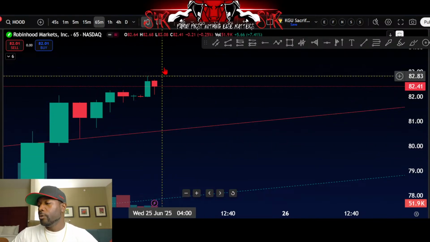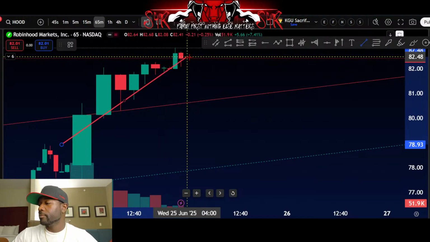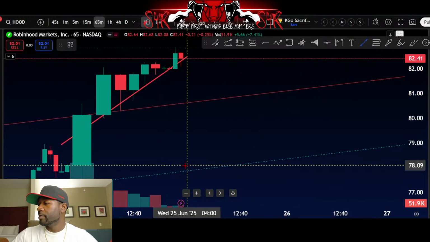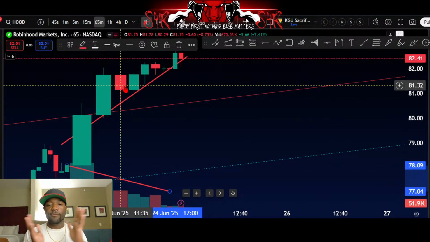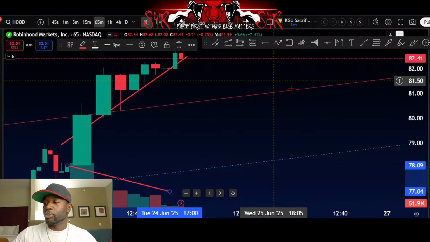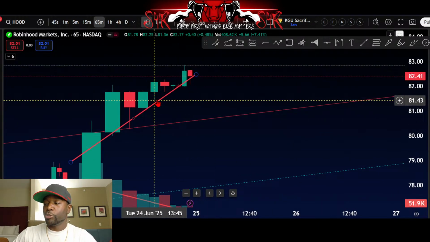Why? Because as I'm looking at volume, guys, as price is going up, what is volume doing? Volume is going down. So we have divergence. And when you have divergence, that should trigger you to look for potential reversals.